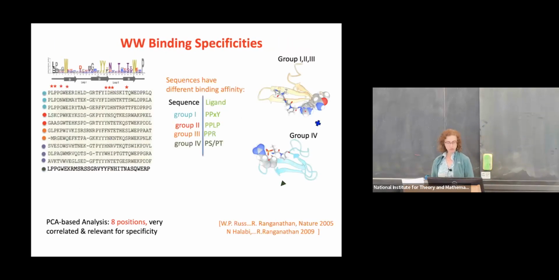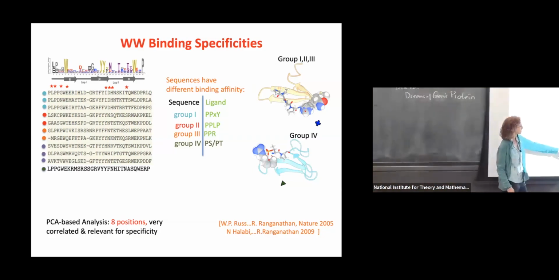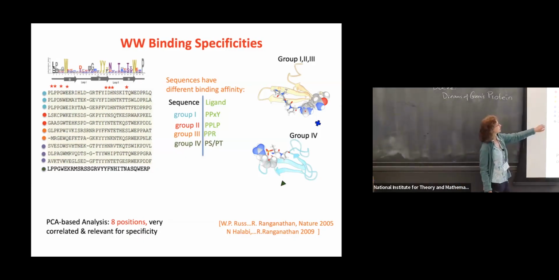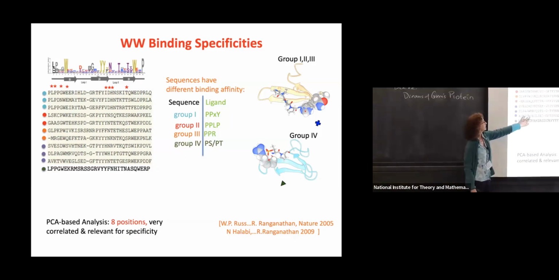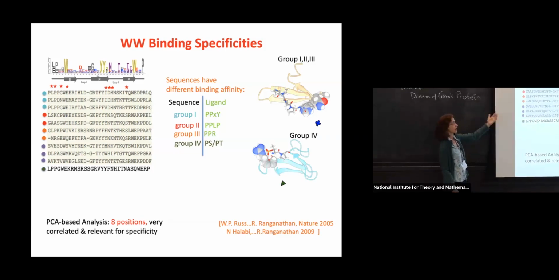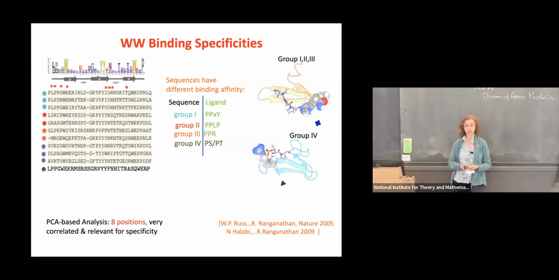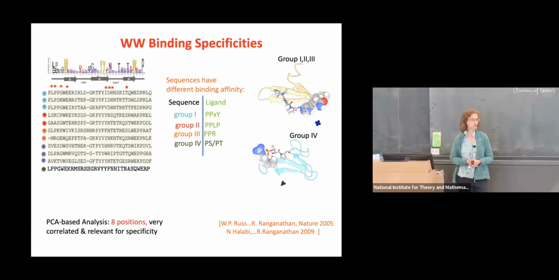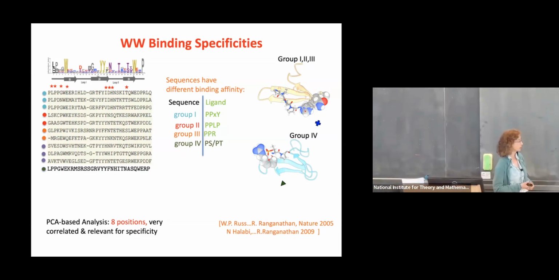Okay, so this is the basics of the RBM. And so now what we do, we have learned the parameters of this RBM on this WW domain. This WW domain, as I was saying before, was studied, for example, in 2005 by Rama, who showed that indeed you can generate a functional protein simply by constraining the generation to reflect the frequencies and the pairwise correlations in the multi-sequence alignment. So we started from this protein because a lot is known.